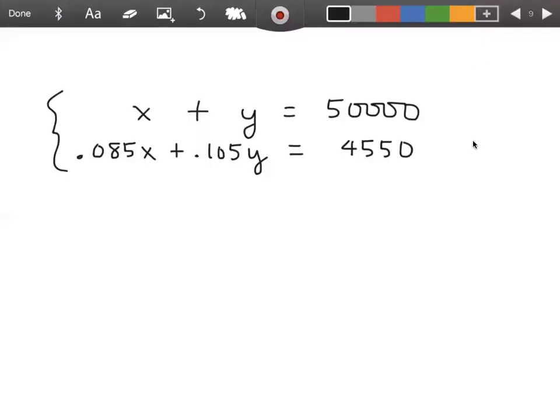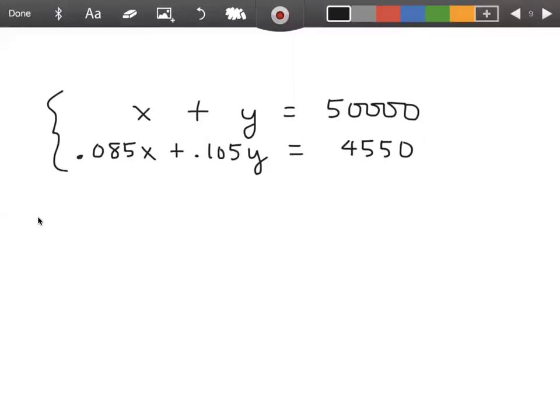All right, this next system came from the interest problem where we were investing money in the money market account and the certificate of deposit. We have X plus Y equals 50,000 and 0.085X plus 0.105Y equals 4,550.